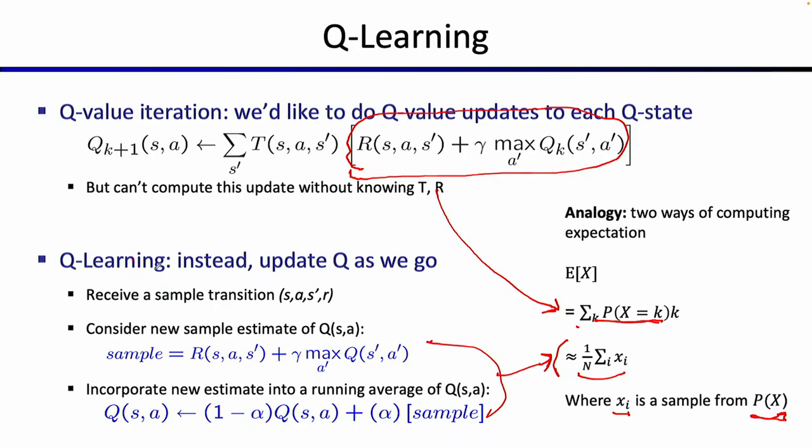Any comments or questions? Yes? If you originally get the first sample, how are you supposed to know Q of S prime, A prime in the first iteration? The question is how, when calculating the sample value, you are supposed to know this. It's similar to Q-value iteration.